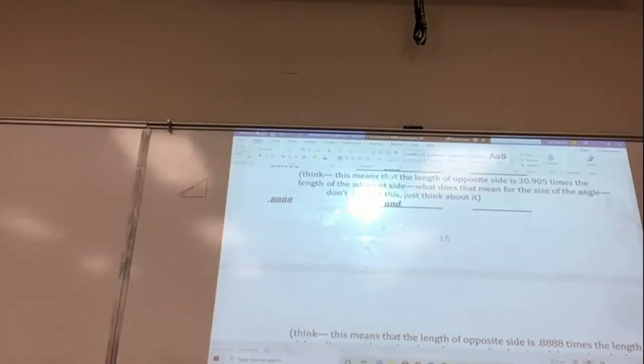But you don't find this one. You find that down here. So do the same thing for the cosine. So type in 0.00602. Then reverse cosine.